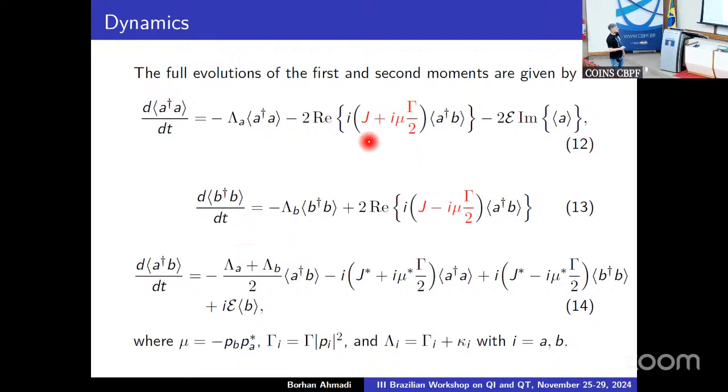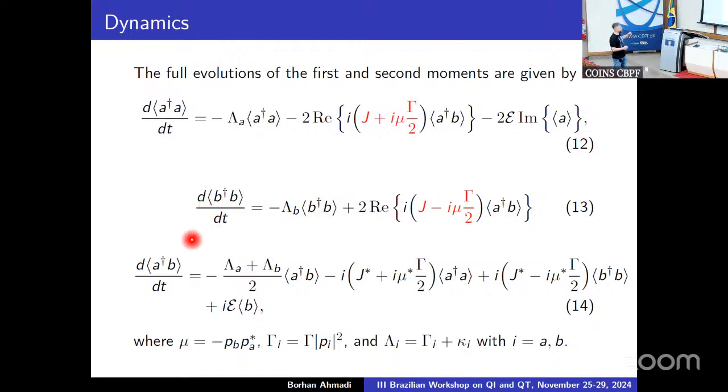As you see, I have terms like J plus i mu gamma over 2 and J minus i mu gamma over 2, with different signs. If I choose J to be minus i mu gamma over 2, you see that the charger energy doesn't depend on the battery, but the battery energy depends on the charger.